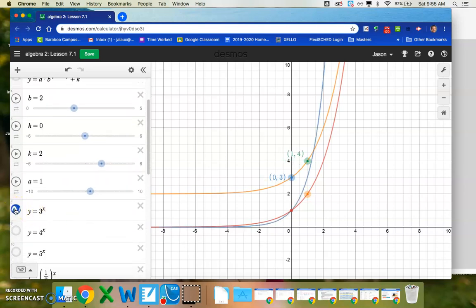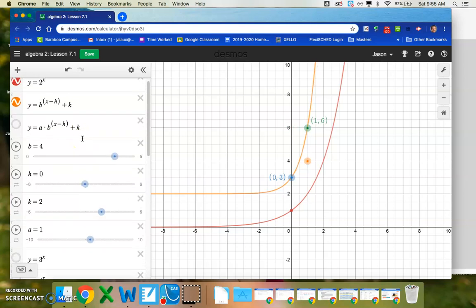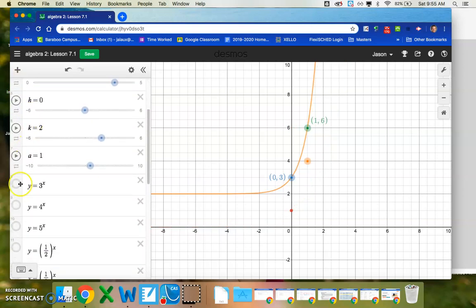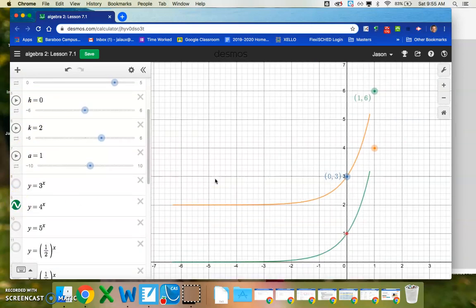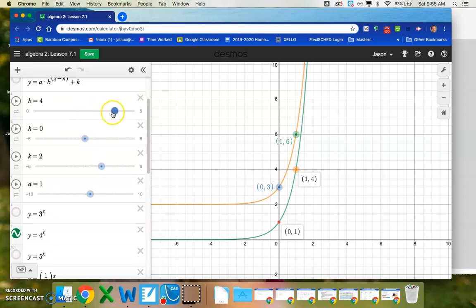And that will work for whatever function that we have. So if I change the base to be, let's say we want it to be 4. And then I'm going to toggle out the parent function. So for 2x, parent function for 4x. So now what it's doing is it's taking those base points from the parent function and I'm moving it, in this case, I'm moving it horizontal from 1, 4, now it became 3, 6 because I went right 2, up 2.